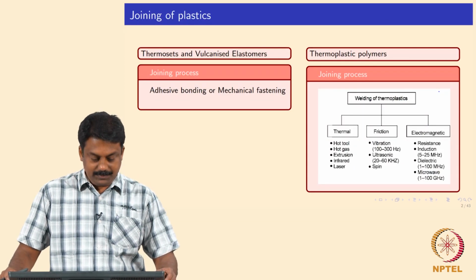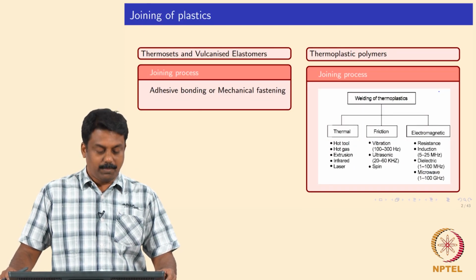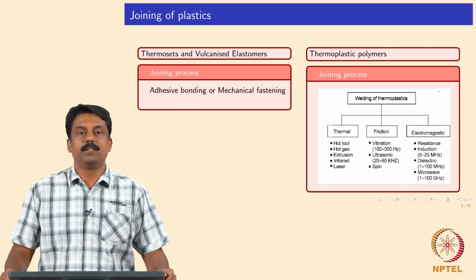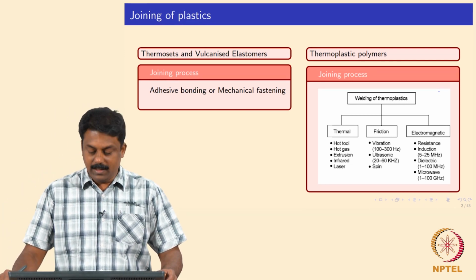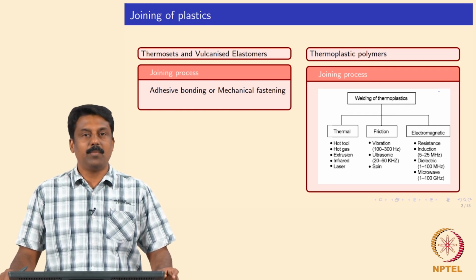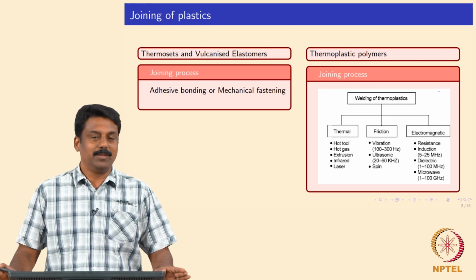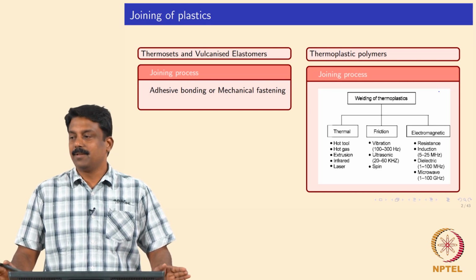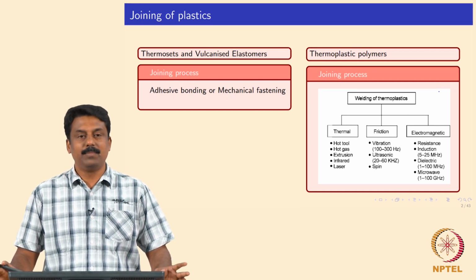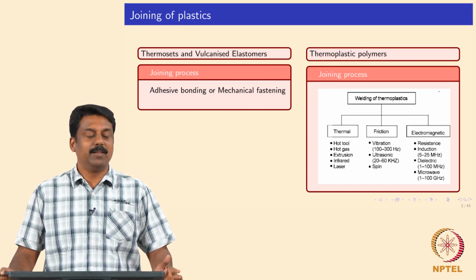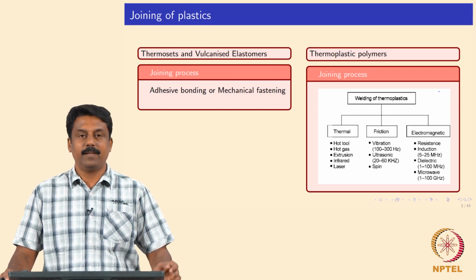Before that, the classification, as I just explained: you can classify polymers into two types, thermosetting and thermoplastic. Thermosetting polymers are very difficult to join, forget about it. Once you melt them and cast them into a design, it is very difficult to join them or to make an engineering component out of it and work further with that.